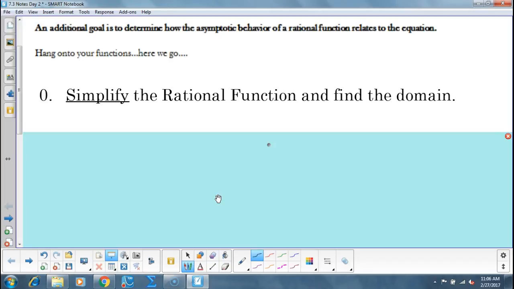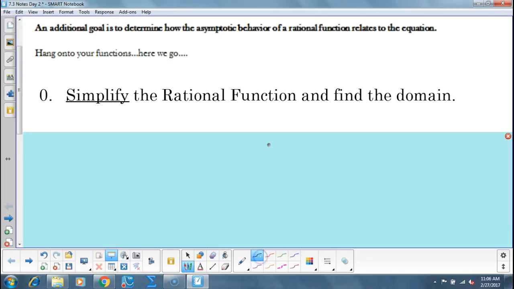Okay? So, first off, you are going to simplify the rational function and then find the domain. Write that down as is. This goes on your sheet. First line, step 0, you need to simplify your function and find the domain.